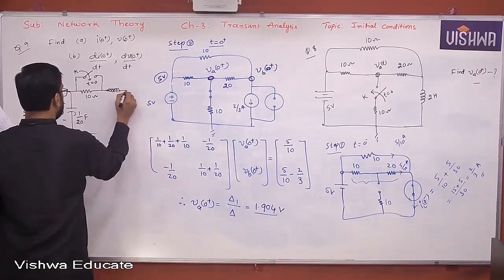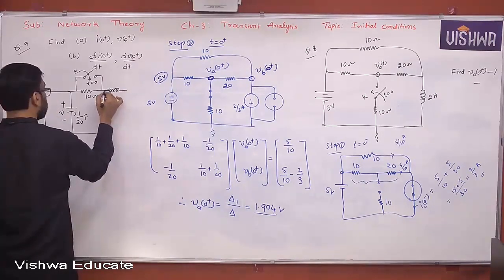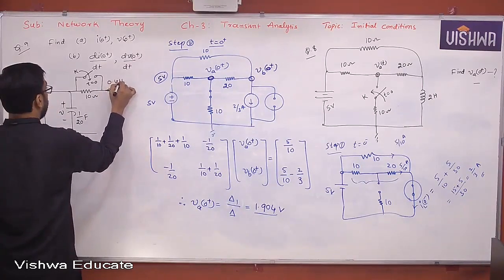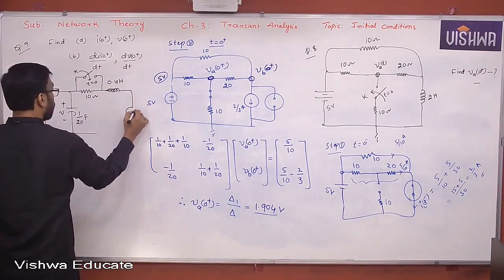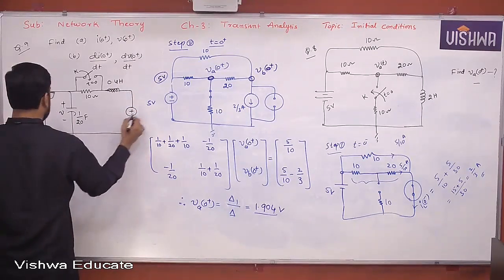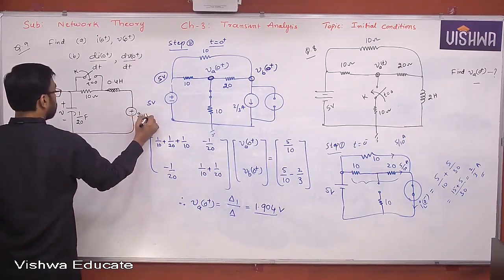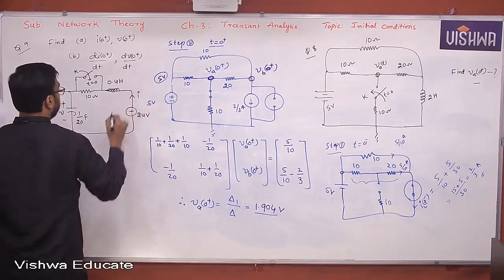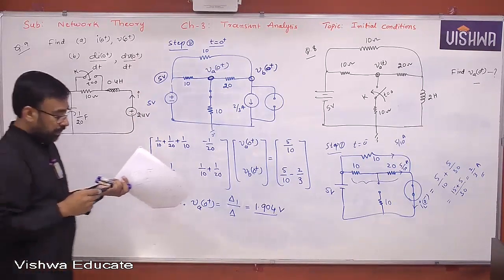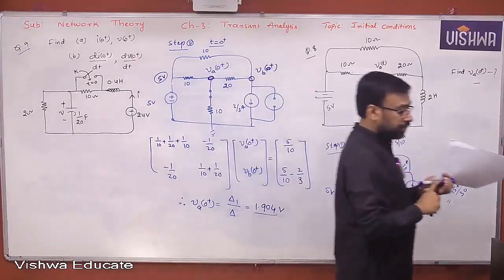Here is an inductor. The voltage source, 24 volts, I. Okay. So let us solve it.